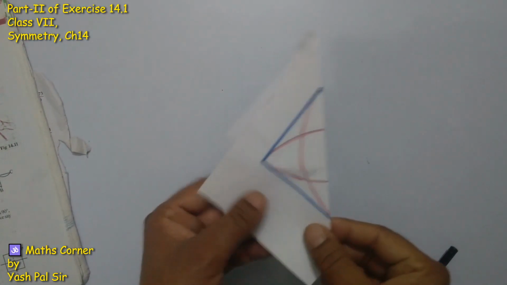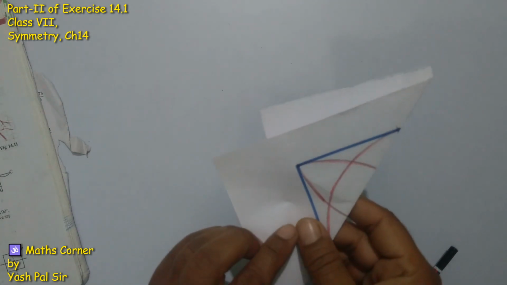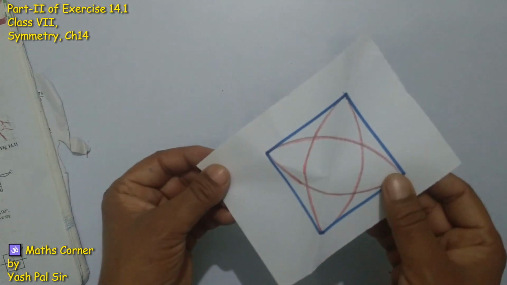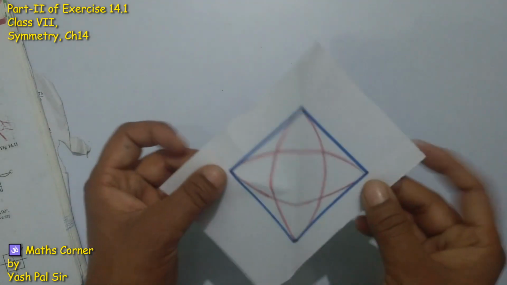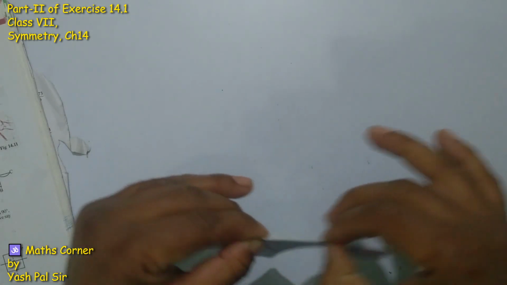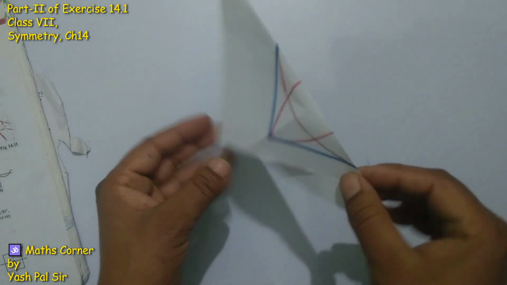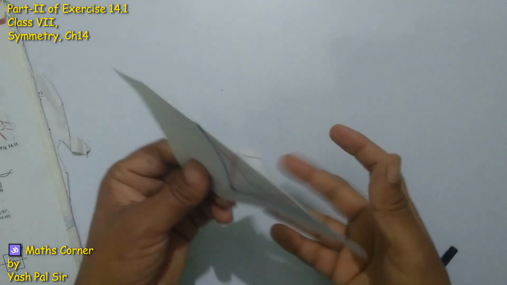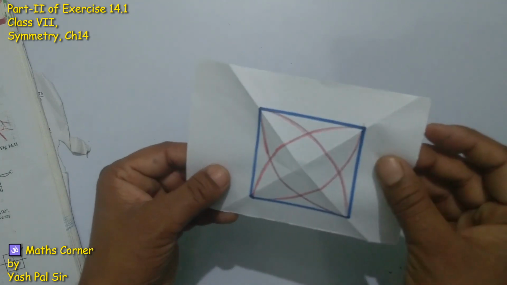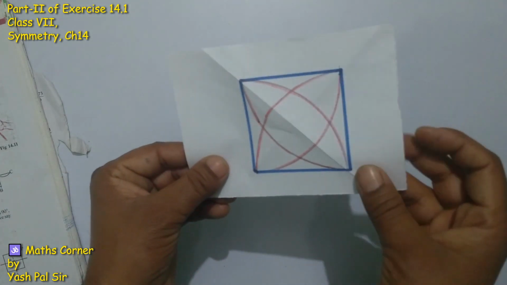First of all, making this fold, one diagonal, this side as well as this side same portion. So this is the first line of symmetry. Second diagonal also gives the same result. This is the second line of symmetry. Okay, so two lines of symmetry we have.